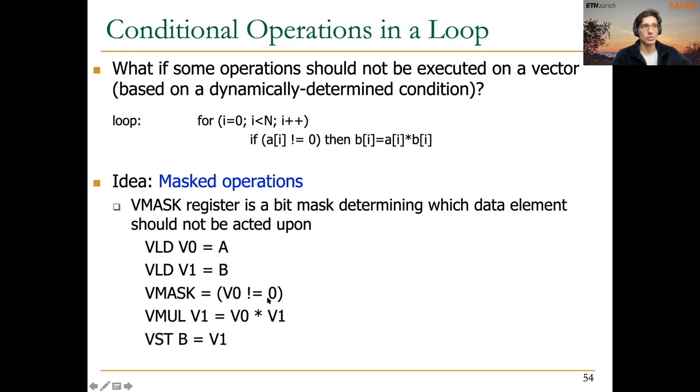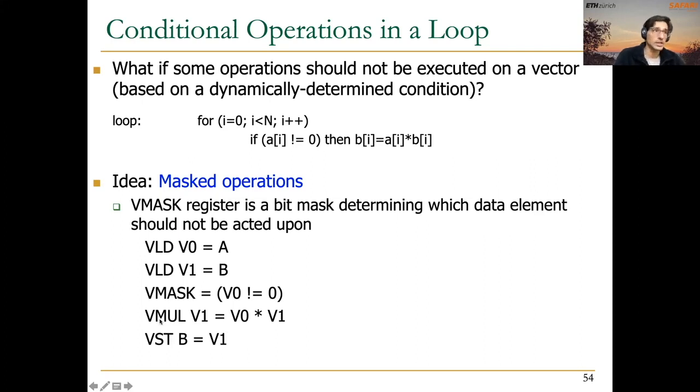To do so, we compare the elements contained in V0 to the value 0. Either 0 or 1 will be written in this bit mask, and then depending on the bit that we have in the bit mask for the corresponding lane, we will execute this multiplication or not.